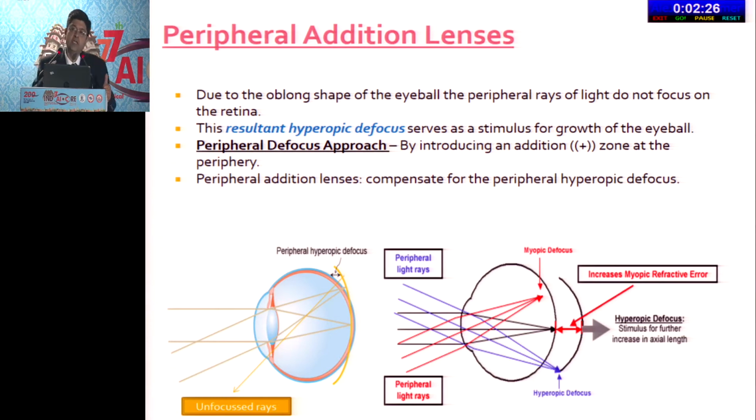Again, this is considered to be a reason for the eye to elongate to correct for that defocus. So peripheral add lenses create a peripheral myopic refractive error that prevents the elongation. These lenses are under trial, not only as spectacles but also as contact lenses, and a fair amount of improvement is seen in this.